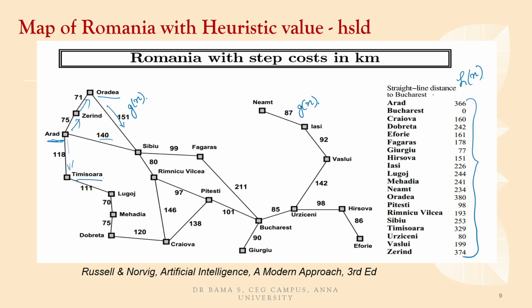We would be using these values g of n and h of n in order to find our evaluation function f of n. Our objective is to reach from point A to point B, the start point and end point, in the optimal way, meaning the most efficient way, and for that we will be using greedy search and A star algorithm in the subsequent sessions.